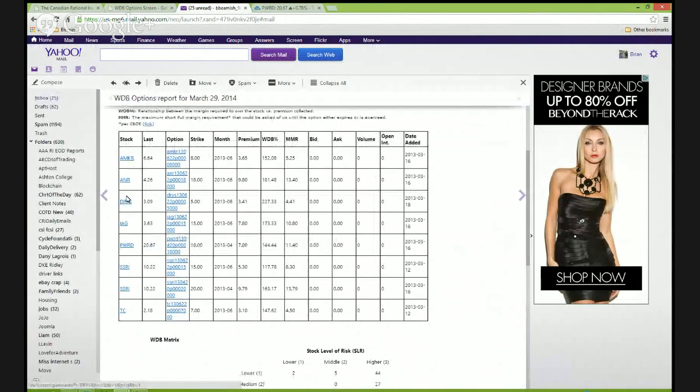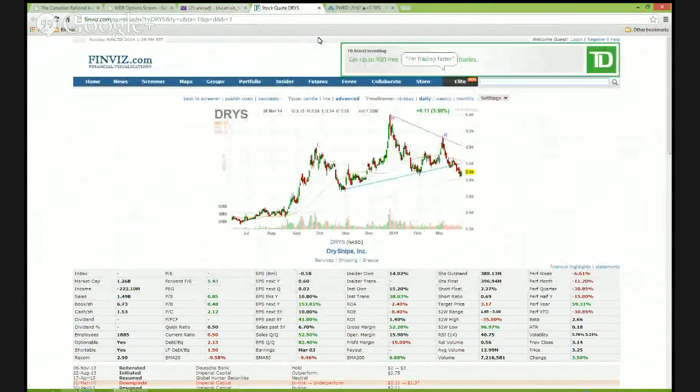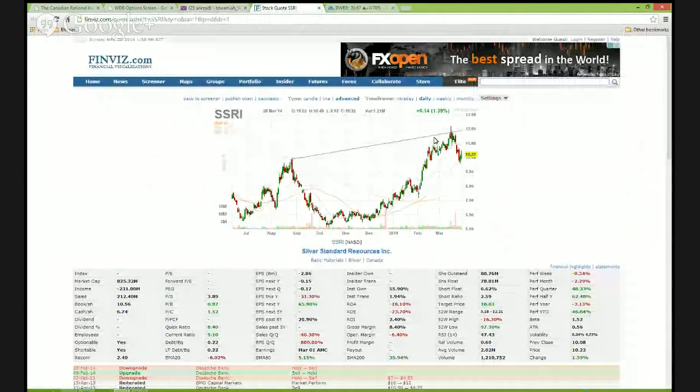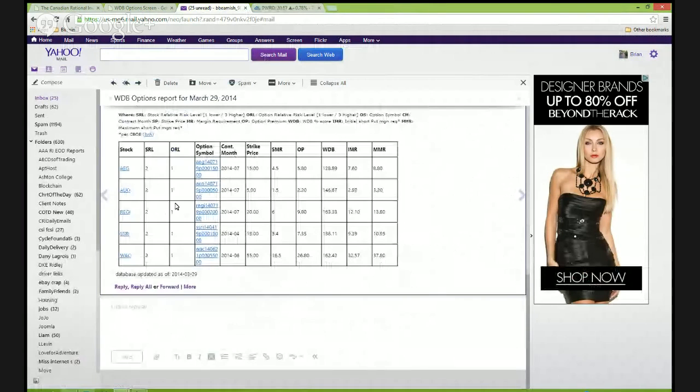We can go through them one by one, and here's DRYS. This signal came in way lower, and we got way more than a double on that. The list goes on and on. SSRI just finally started to perform, but that's a double. Thompson's still lagging a bit.